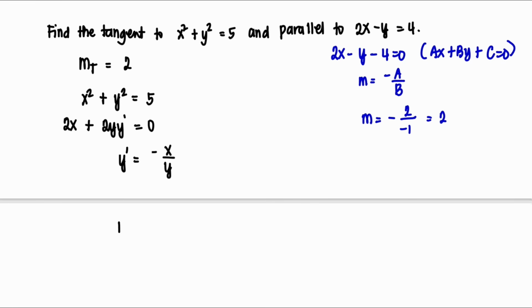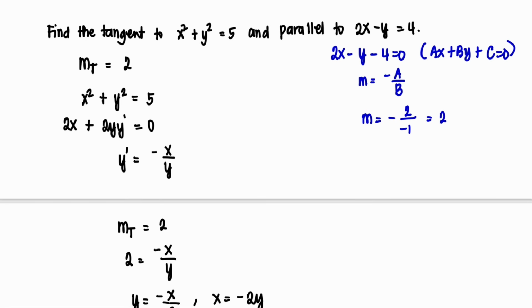And since we know that the slope of the tangent line is equal to 2, then 2 is equal to negative x over y. So y is equal to negative x over 2, or you can use x equals negative 2y, either way.